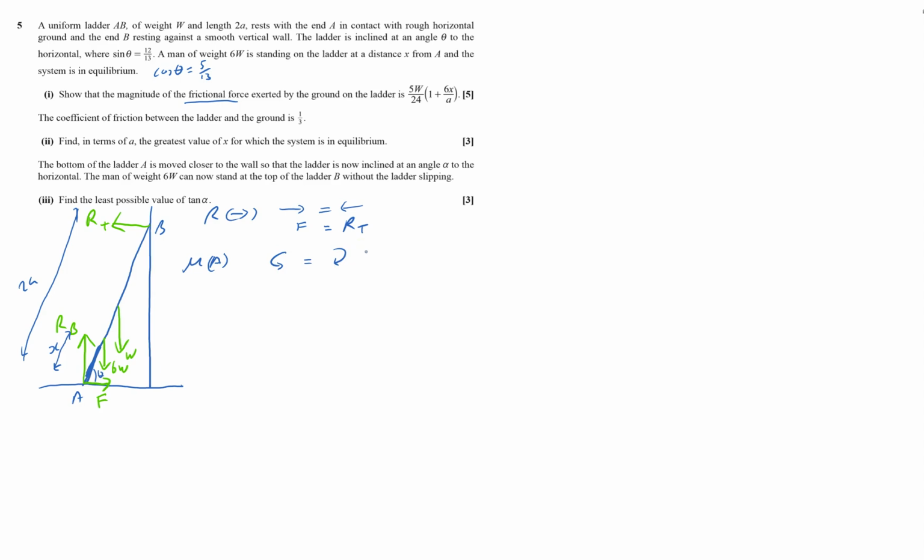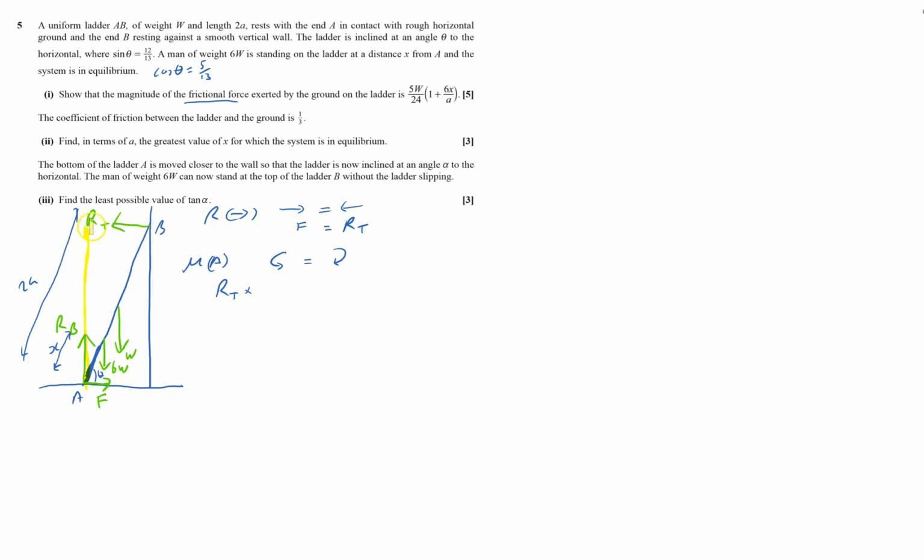And so what goes anti-clockwise? Taking moments about A, well, obviously the RT bit at the top. So the RT times by the distance. The distance we're talking about will be this distance there, a line of action going across here.